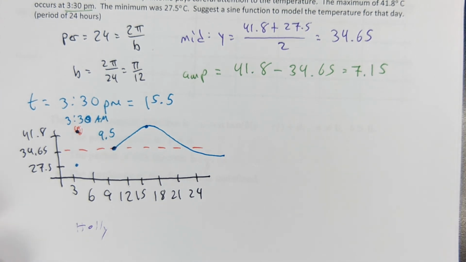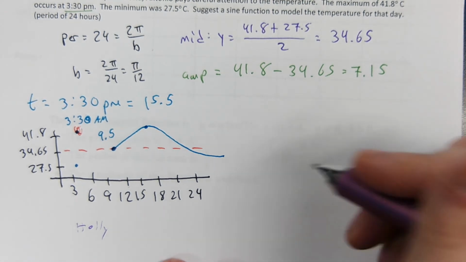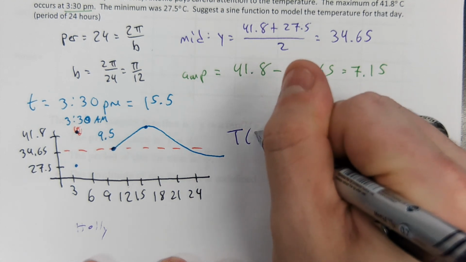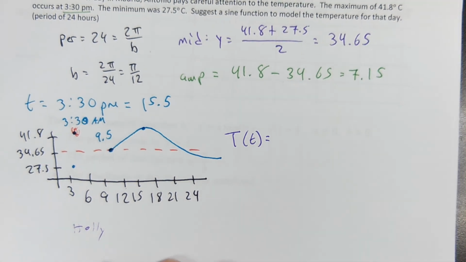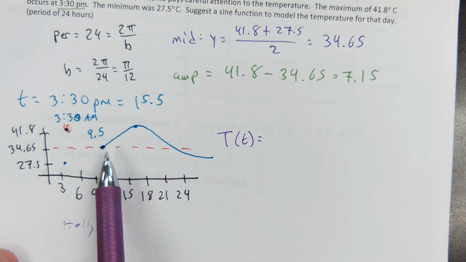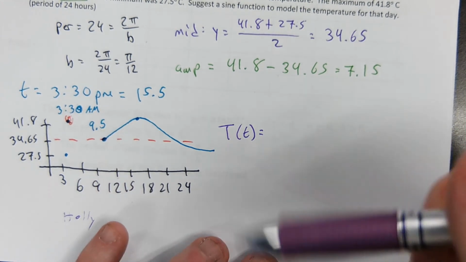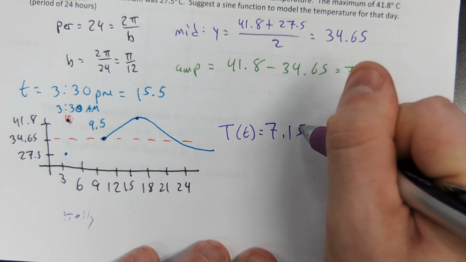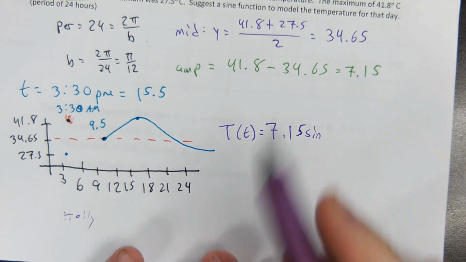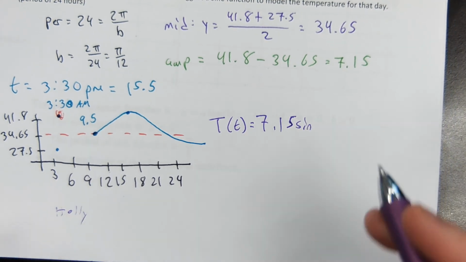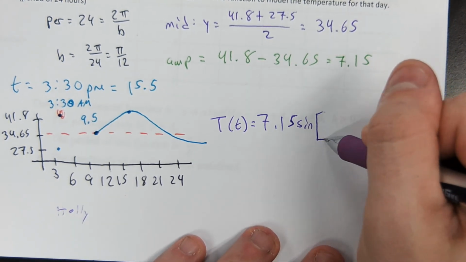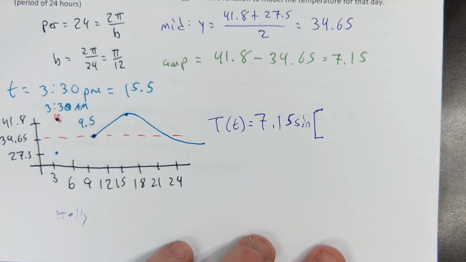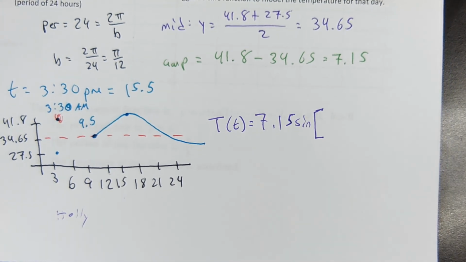Our equation then is temperature against time of day is, well, it's going to be a positive sine wave. And we said its amplitude is 7.15. 7.15 sine of, we do have a horizontal shift, a phase shift, so I'm going to use brackets. The number in front of our, what's he looking for?